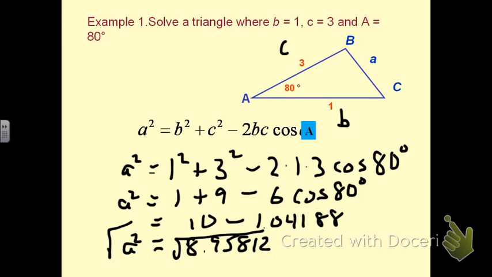And you get 2.99. So about 3. Remember, this might not be drawn to scale. Okay, so we have 2.99.